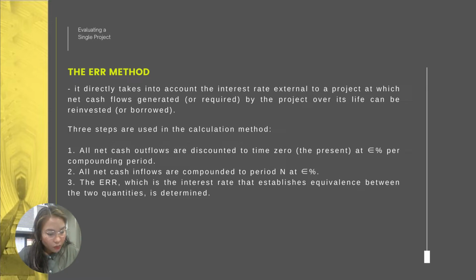Second, all net cash inflows are compounded to period N at E%. Third, the ERR, which is the interest rate that establishes equivalence between the two quantities, is determined.